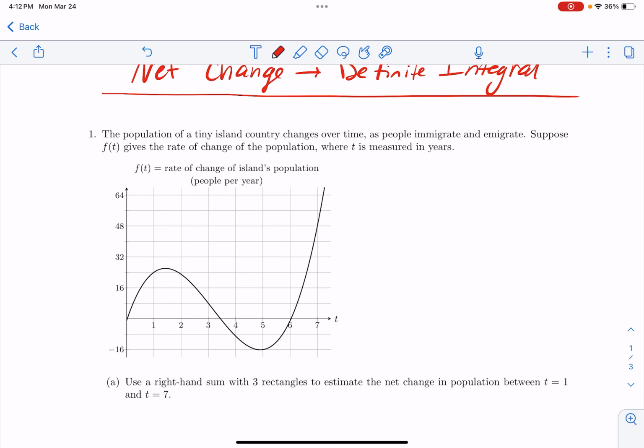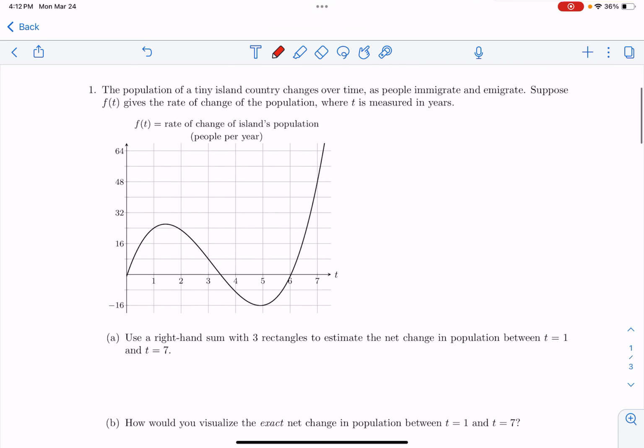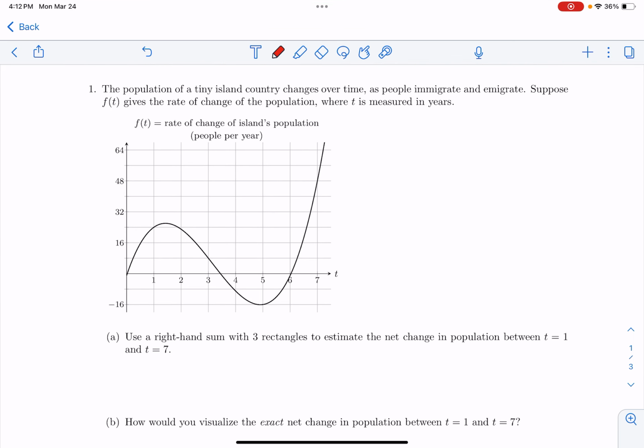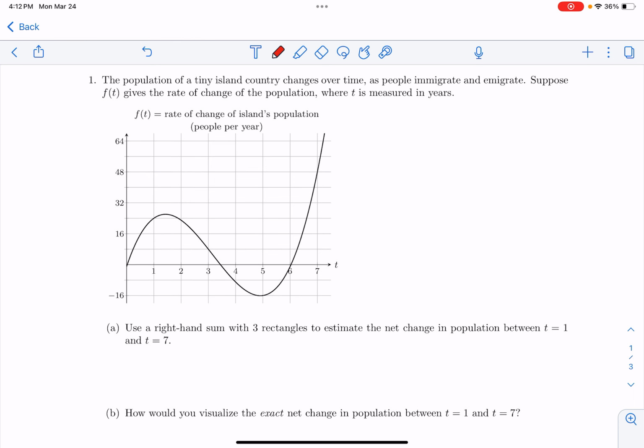So this first problem says the population of a tiny island country changes over time as people immigrate and emigrate. Suppose f of t gives the rate of change of the population, where t is measured in years. So what we're looking at in this graph is a rate.